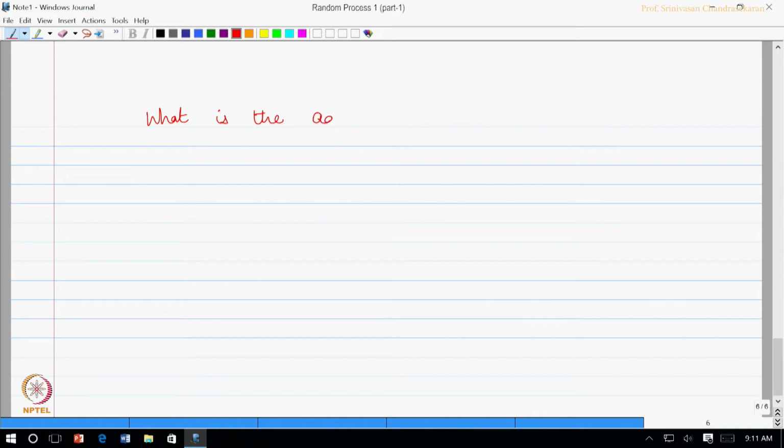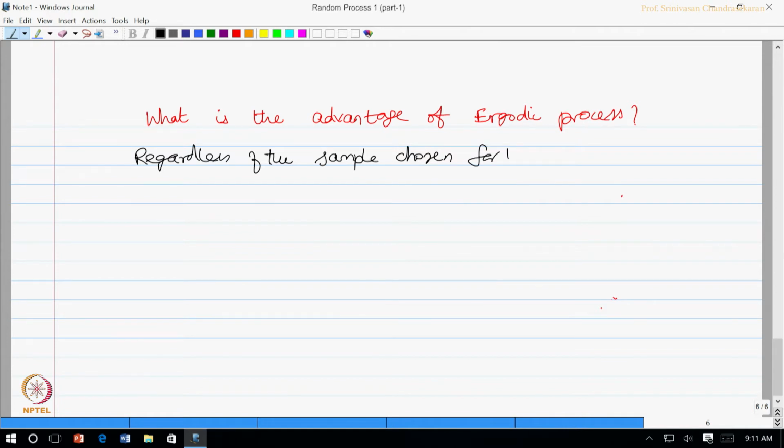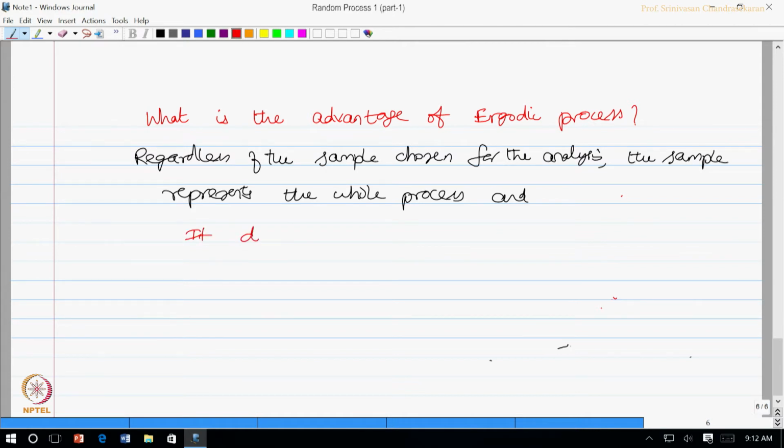Very interestingly, regardless of the sample chosen by you, the sample represents the whole process, and it does not represent only a section of the process.